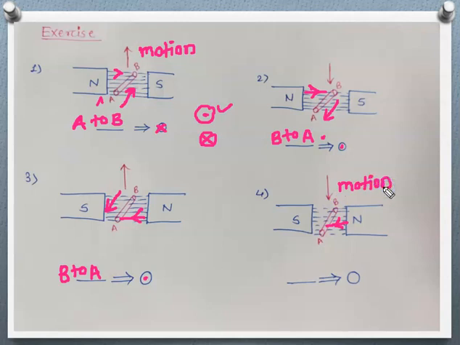The forefinger will indicate from right to left, and in that case the middle finger will indicate from A to B. So the direction of current, or direction of induced EMF, will be from A to B, and it is into the board or into the slide, that is away from us, which is indicated by a cross. In this way, for various cases, we can find the direction of induced EMF.